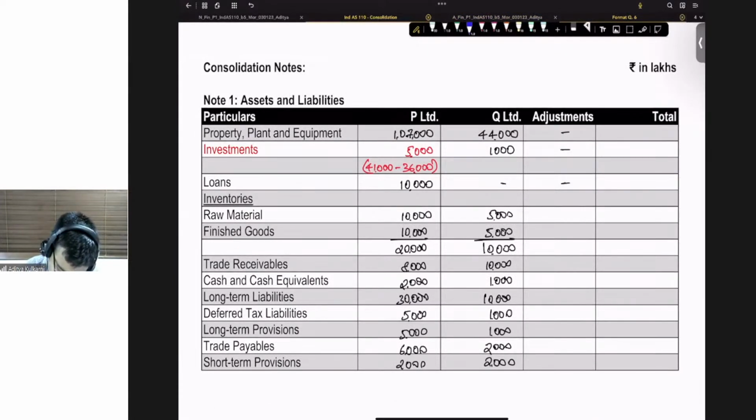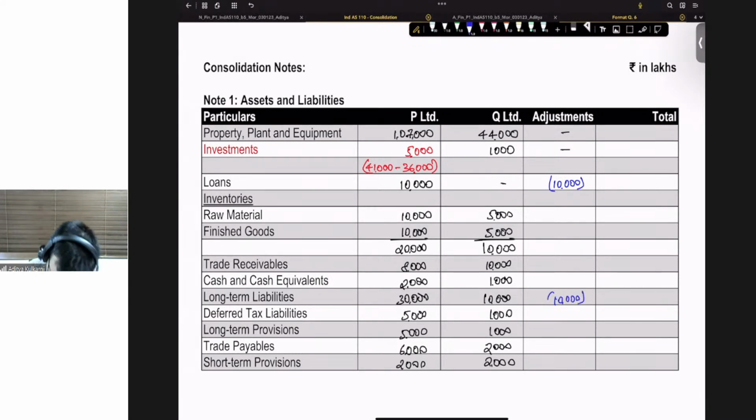Okay. So let us proceed to eliminate that. 10,000 we will have to remove both from loans appearing in the assets as well as the long-term liabilities appearing in the liabilities. So 10,000 in adjustment column, and here we will be having another 10,000.